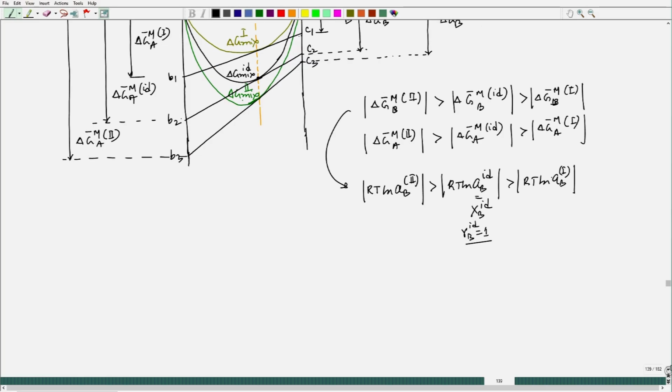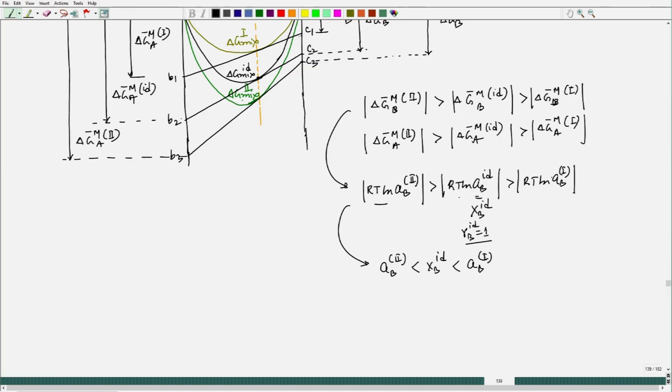So from there we can actually see, and in fact this can also be reflected over activity versus composition, that A B 2 is less than X B ideal, which is less than A B 1.